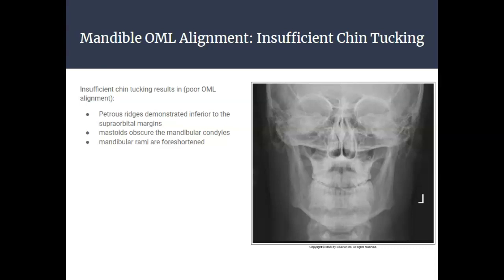In insufficient, we know that the petrous ridges will be demonstrated inferior to the supraorbital margins. Our mastoids will be obscured and the mandibular rami will be foreshortened. So we will have to repeat this and get that OML perpendicular to the IR in order to obtain a sufficient projection.